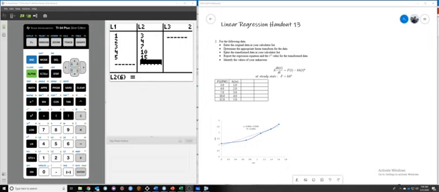The next thing I wanted to do is determine the appropriate linear transformation for this equation. For that, I'm going to use the natural log, at a steady state.